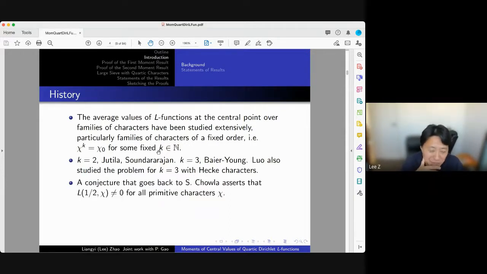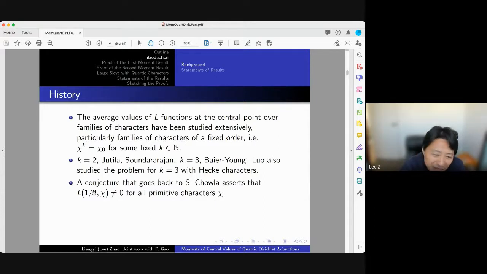I'll go to the next bullet point before making any comment. A conjecture that goes back to Chowla says the following: a Dirichlet L function is never 0 at the central point for any primitive character chi.